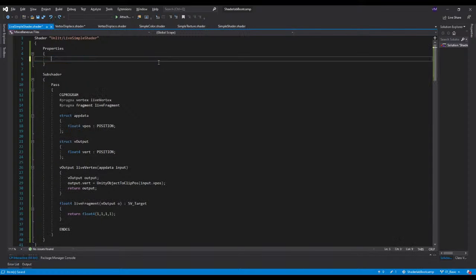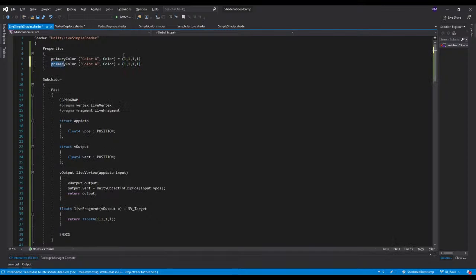When we write our properties, we give the variable name, which is the name that will appear to the user in the inspector or the material window, then the type, which is Color. Then we have to assign it a value, which is RGBA. Similarly, a secondary color.